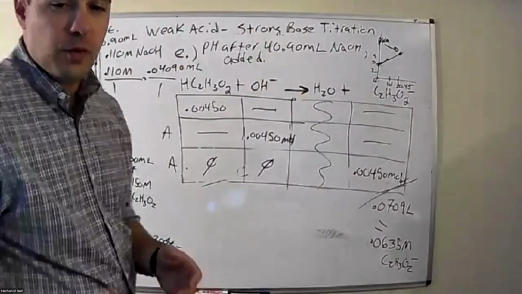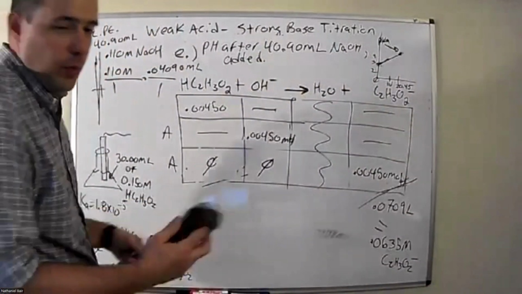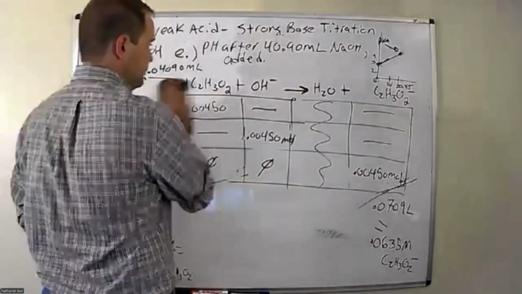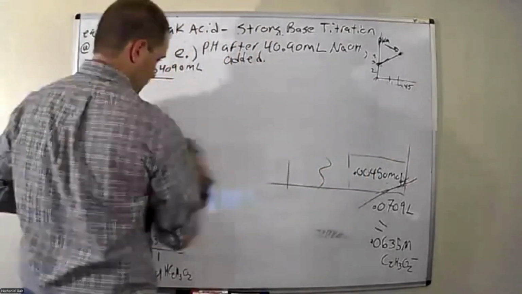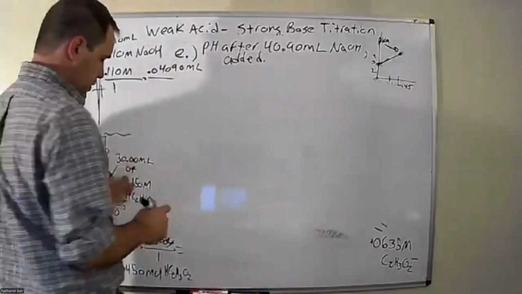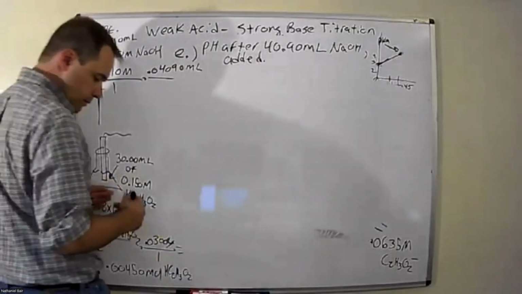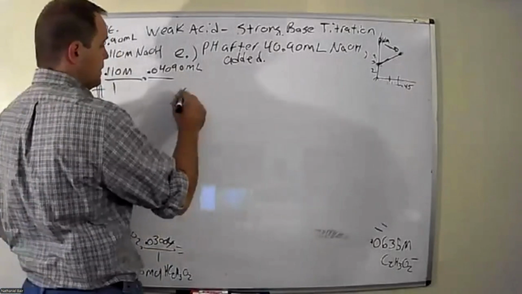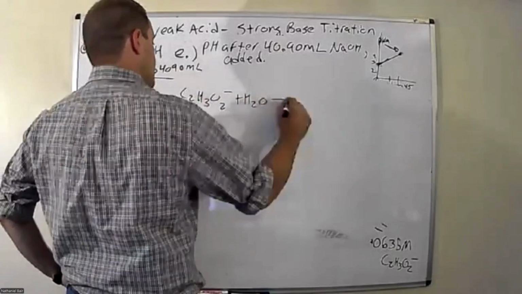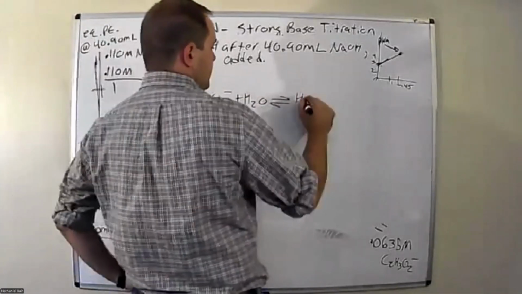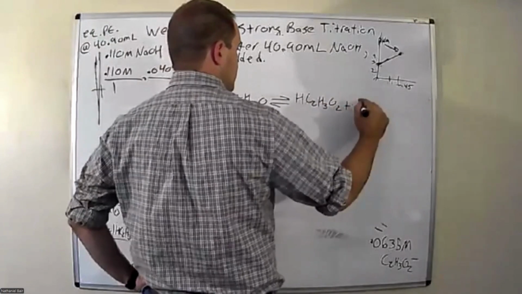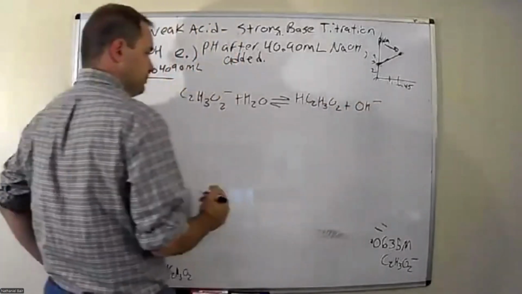And now we have to go through the whole ICE table rigmarole. Here we go. I've got to erase this because I'm not going to have room. So now I have to say, well, okay, I've got a bunch of acetate in here, and that's it. What's that acetate going to do? Well, acetate acts like a base because it's the conjugate base of something weak. It reacts with the water to make HC2H3O2 and some hydroxide.